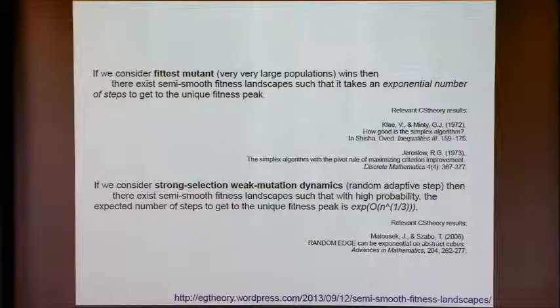So in other words, the more control you give me over how the mutations happen, the more I cut off of the fitness landscape space on which you can find your local fitness peaks efficiently.